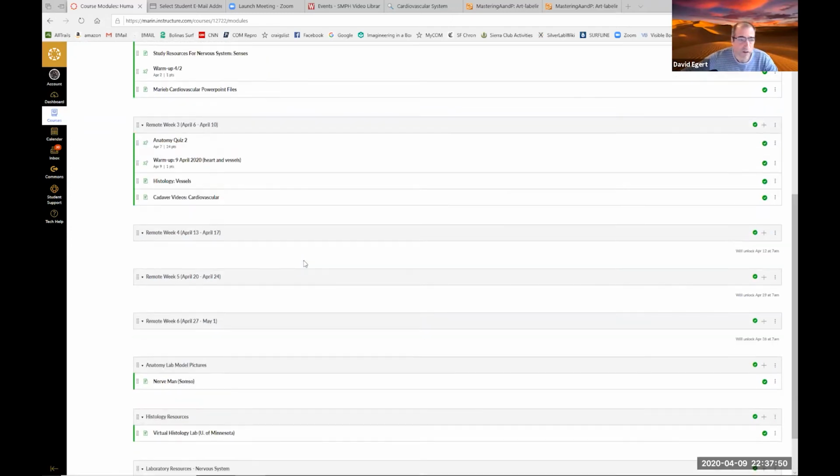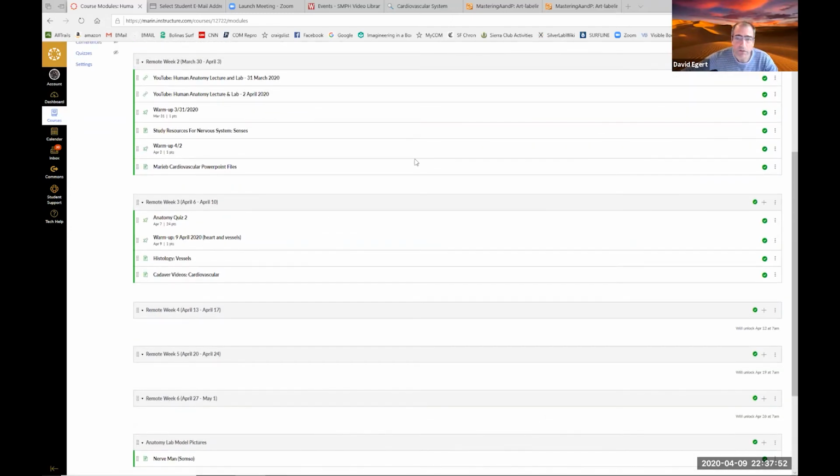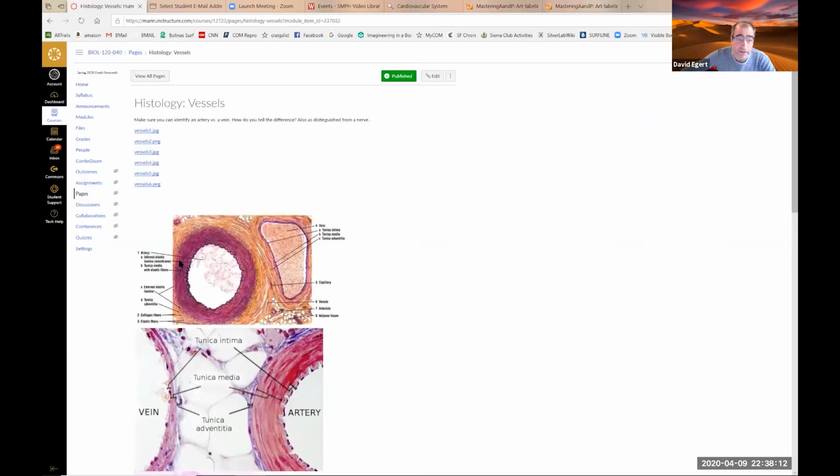All right, so if you look at remote week 3, there is now a new module. One says histology vessels. I just basically went into Google Images and found images that I thought looked kind of nice.